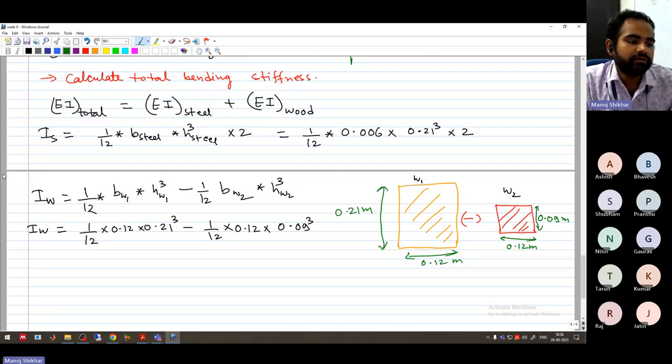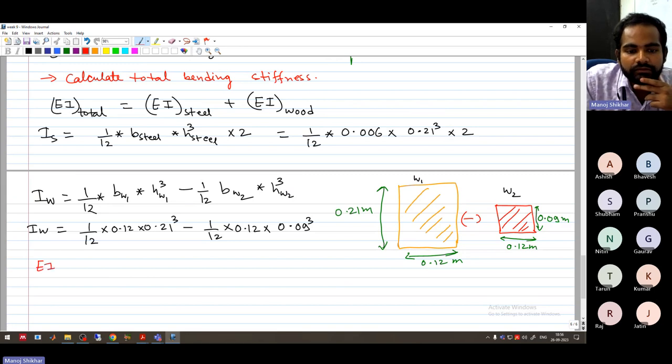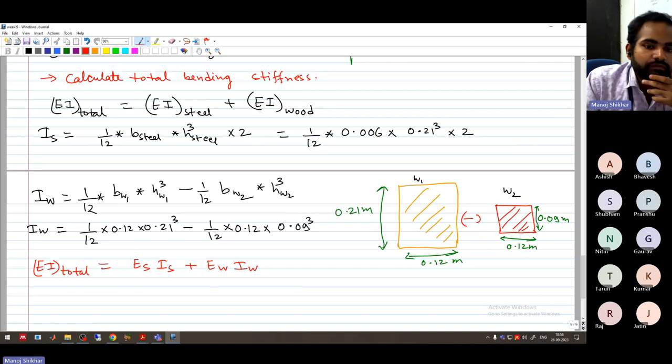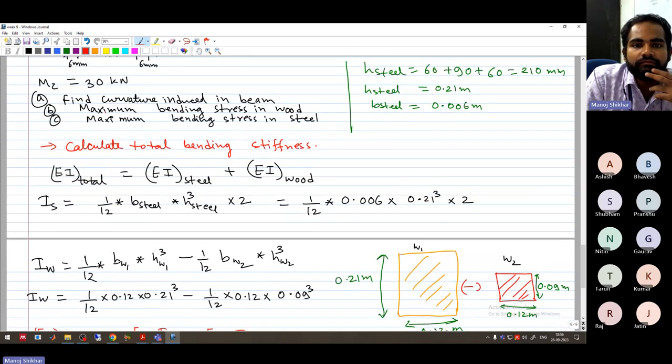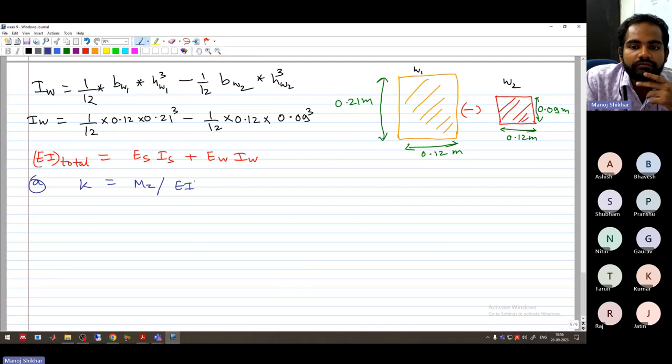So now to calculate EI total, you have to just substitute IW and IS there. So EI total will be ES into IS plus EW into IW. So you can do the calculation. Now we have to find what is the curvature induced in the beam. To find the curvature induced in the beam, we can use the formula directly. So we can use kappa equal to Mz upon EI total.